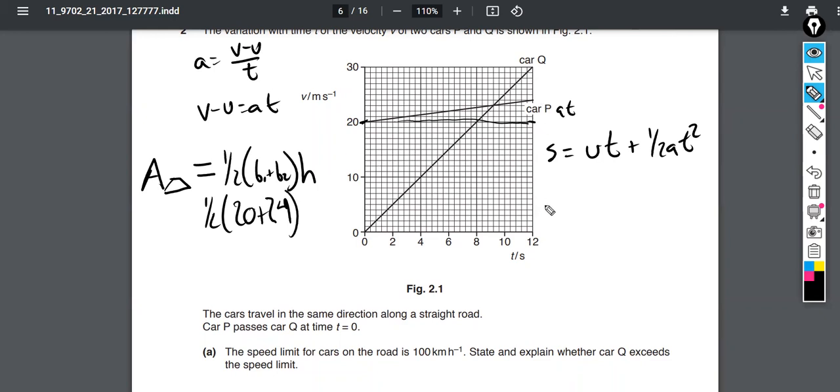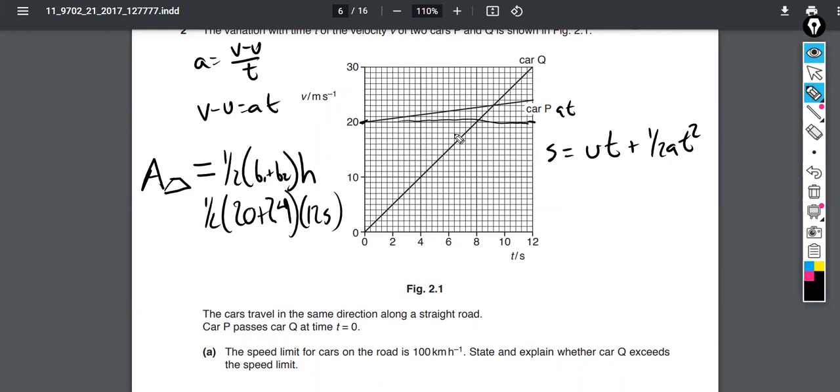So that's the base, that's the base. The height is the time, 12 seconds. So this would be meters per second times seconds, and so meters, displacement. That would be the distance that car P has traveled, right?